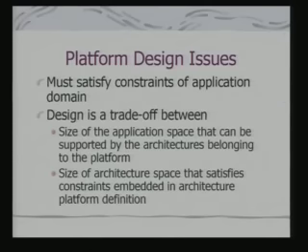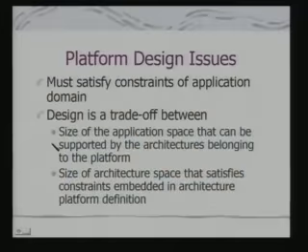So, what we are saying in a way is that the platform must satisfy constraints of the application domain. Okay. Say if you look at the cell phone application, it should support wireless communication, it should support signal processing capability because I have to process a speech signal, I have to process a video signal, okay, and it should also support the various kinds of constraints, timing constraints of the application domain.